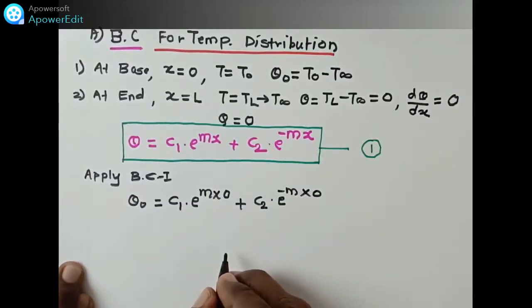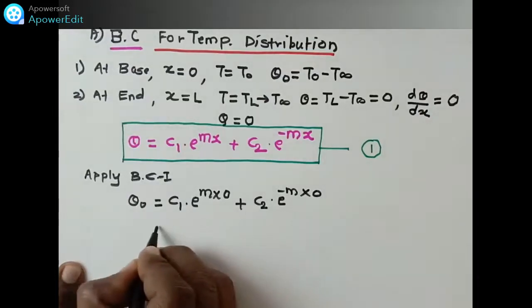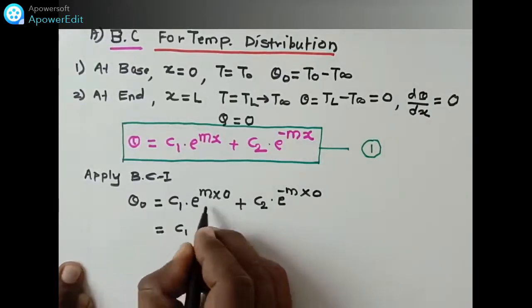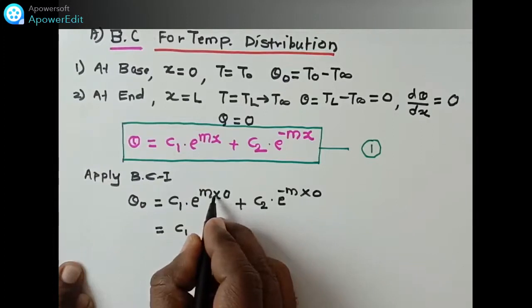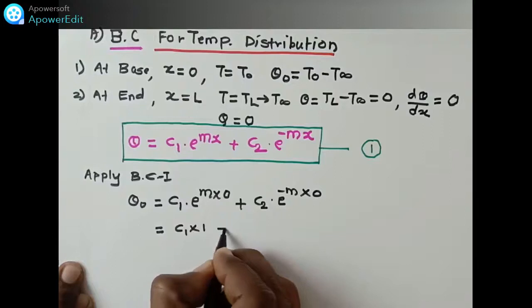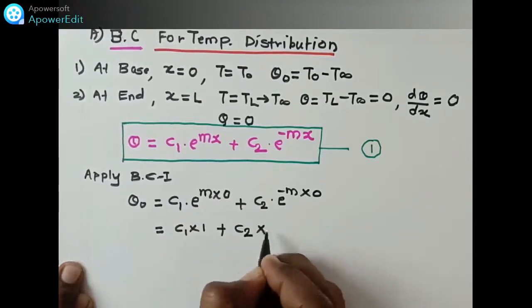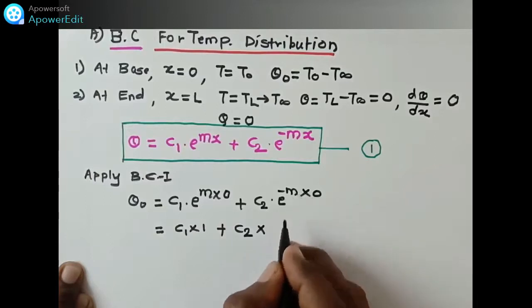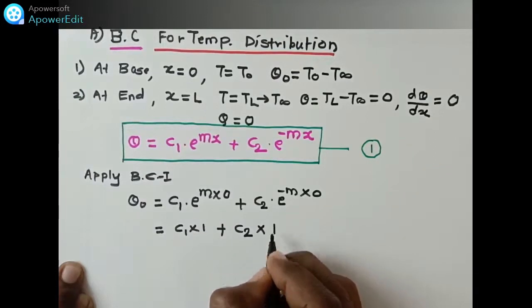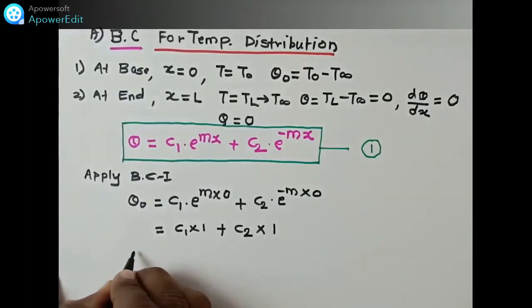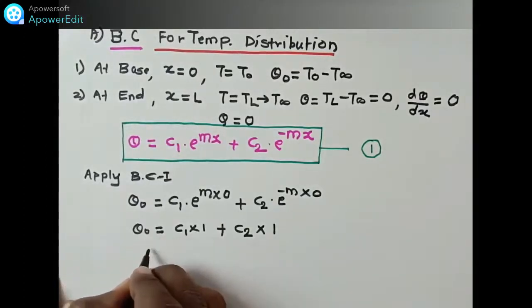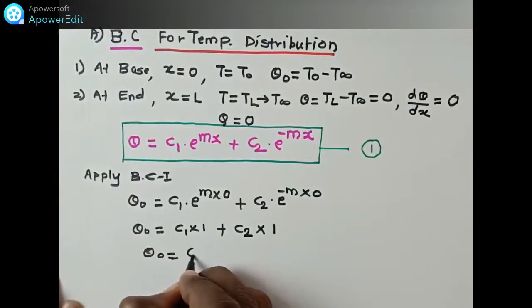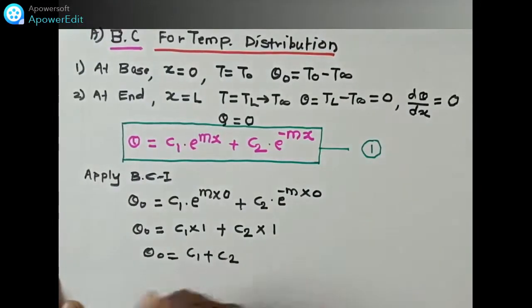So in this case what will happen? C1 into e raised to m into 0, means e raised to 0, means 1, plus C2 into, again this product will be 0, e raised to 0 means 1. So here we will have theta 0 is equal to C1 plus C2.